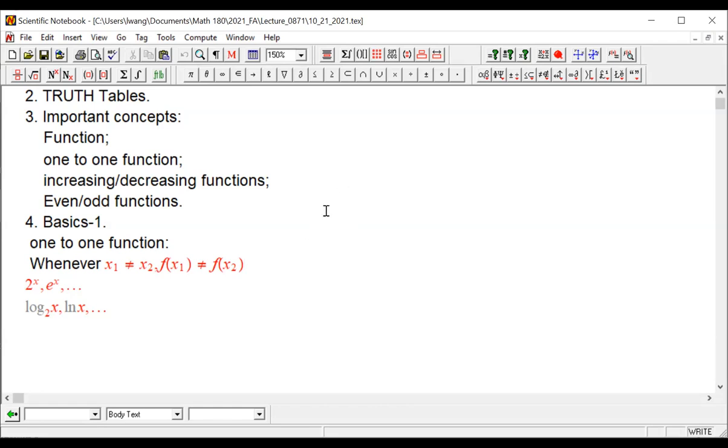You have to understand the implication of that horizontal line test, and this statement is saying that whenever the inputs are different. So this involves arbitrary choices of the input and its consequence. So this has to be satisfied in order to be qualified as a 1-to-1 function. So every word counts. Every word counts in that definition.